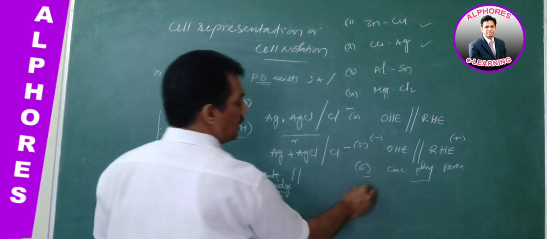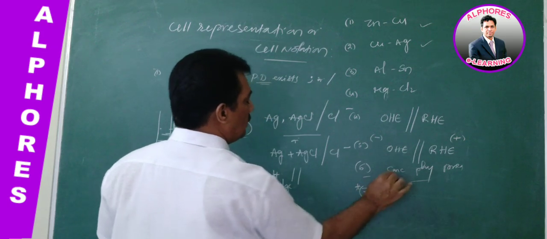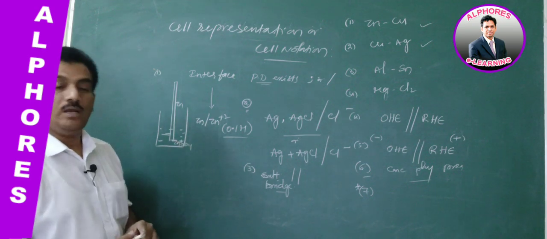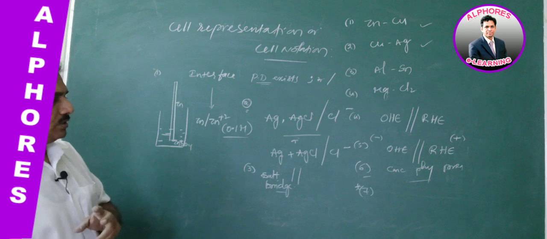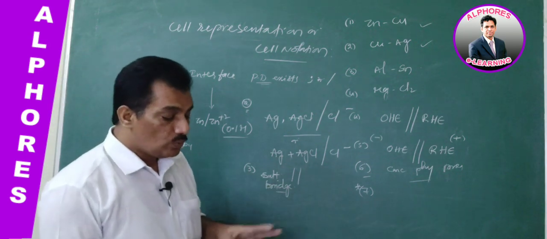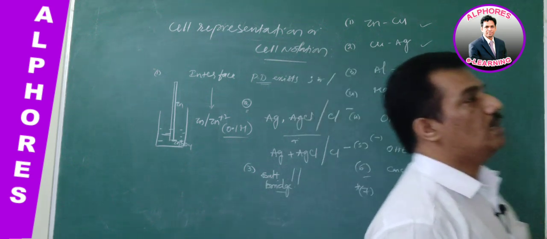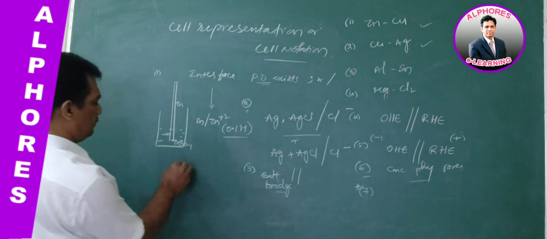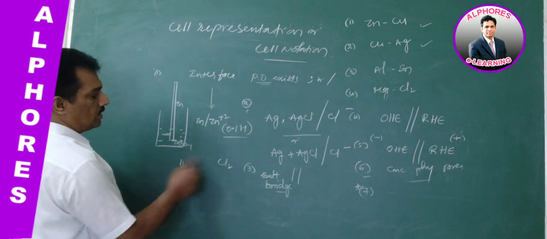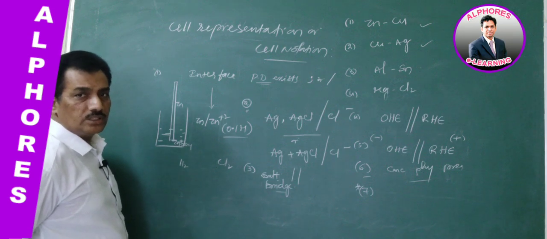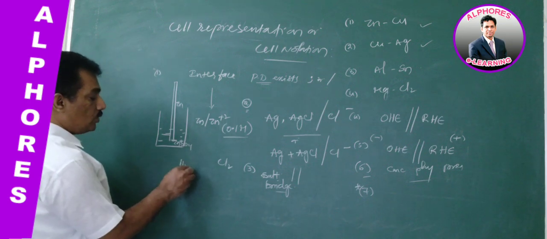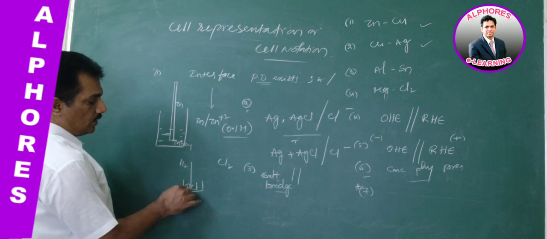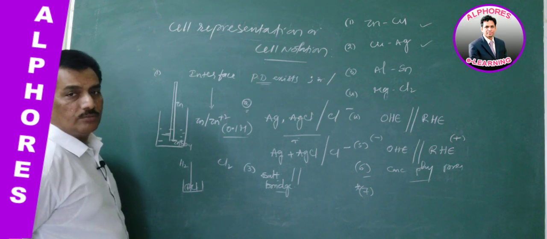And the next one is the seventh one, and it is somewhat important. In general, the two electrodes will have different types of electrolytes. Very rarely, both electrodes will have the same kind of electrolytic solution. The best example is hydrogen and chlorine. For example, these two are the electrodes used for the construction of the cell. The electrolyte used for hydrogen is HCl, since hydrogen is present as one of the components, is it not?